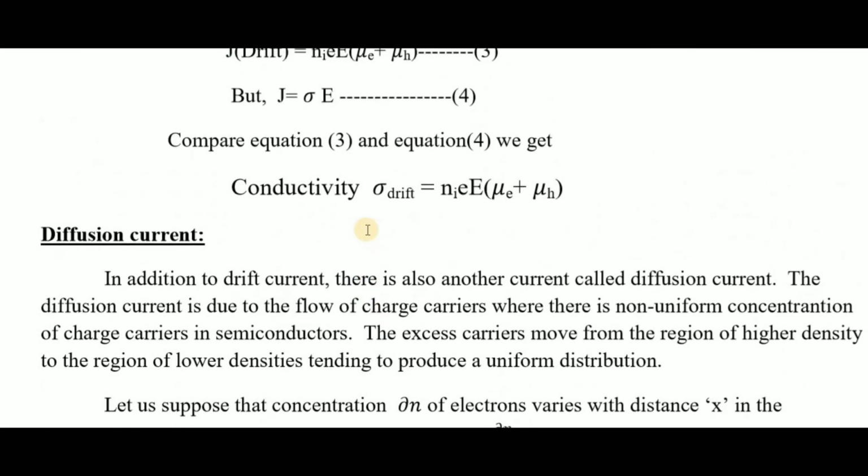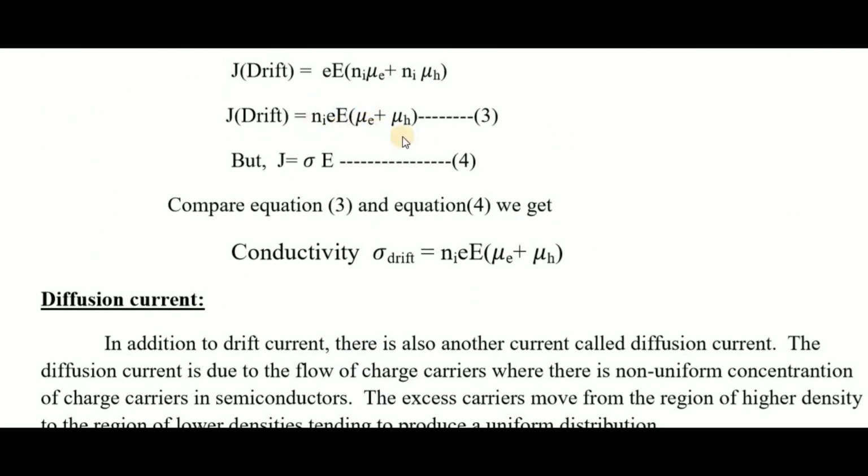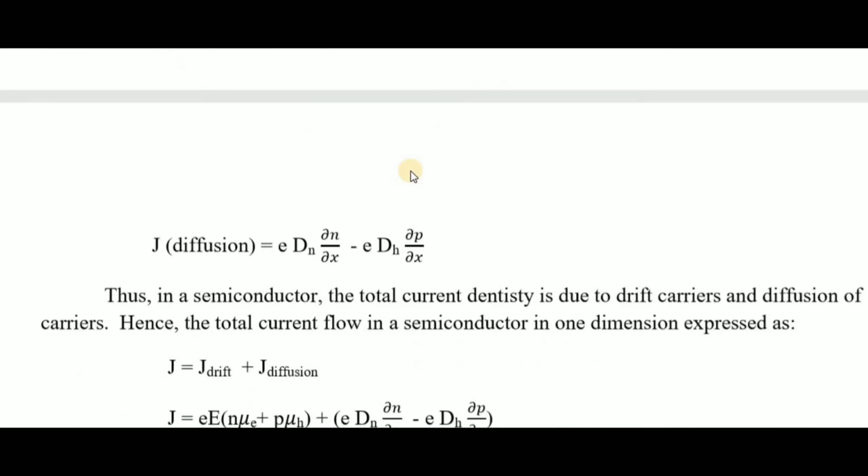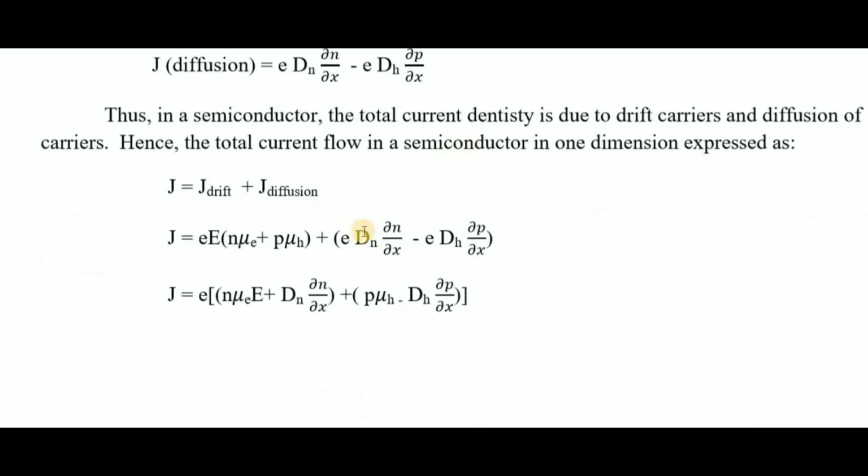So we have to add J drift, this value, and J diffusion, this value. So J is equal to J drift, that is e into E into n into mu e plus p into mu h, plus e into Dn into dou n by dou x minus e into Dp into dou p by dou x.